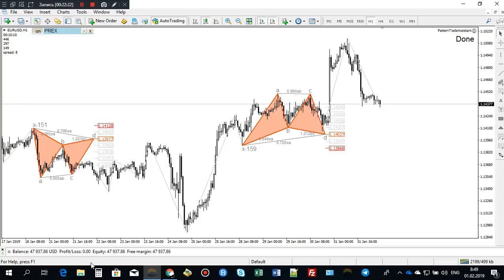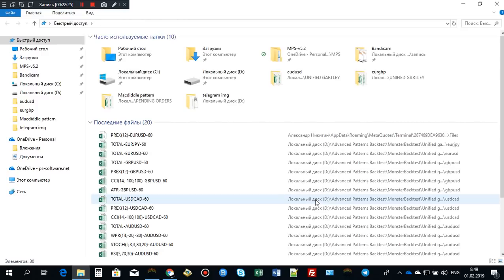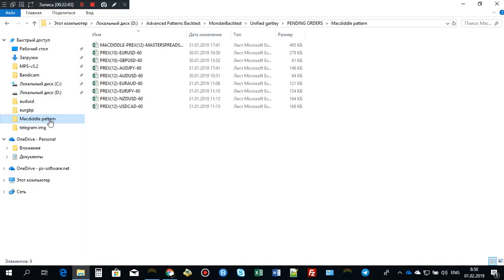Let me show you the Excel spreadsheets. All these Excel spreadsheets were created by the Fastback test utility that I just demonstrated to you, and all my customers, MPS customers who get the license of the MPS, have this Fastback test utility for free, and it simplifies the process of backtesting.